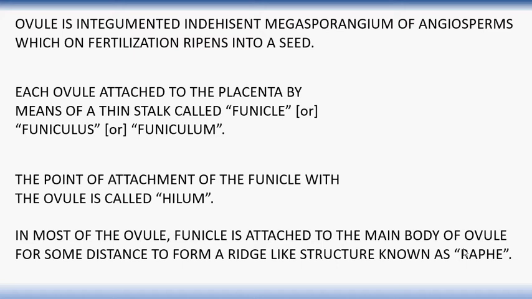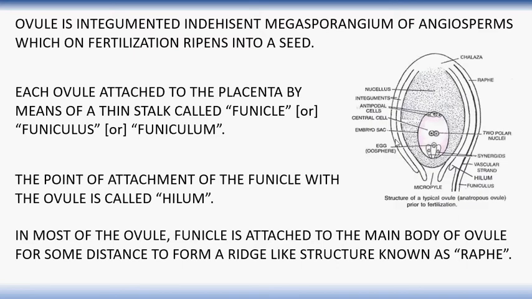Let's see the diagram. So it is a photograph of an ovule. The ovule is attached to the placenta. It is a parenchymatous cushion-like structure on the inner wall of the ovary called placenta. On that placenta, the ovule is attached through a stalk. This region is called funiculus or funicle or funiculum.